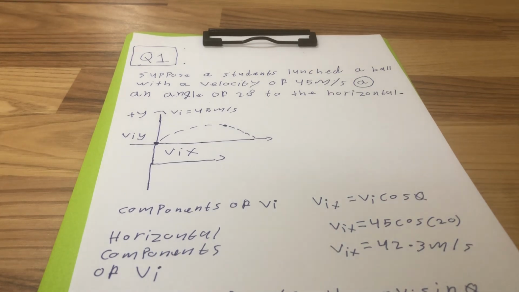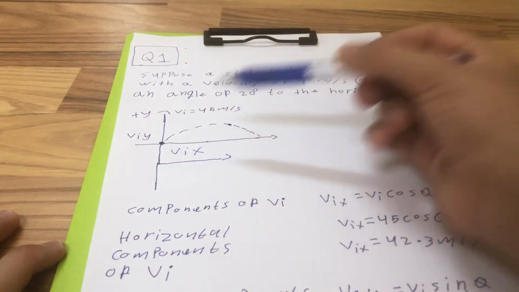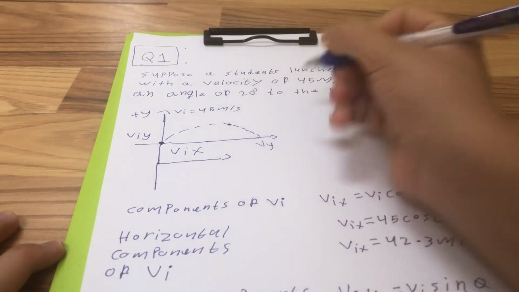Now, those students launch the ball from the initial point to the final point here, VIY, and here final VY.